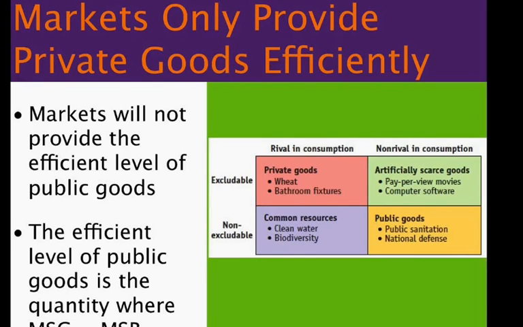What about artificially scarce goods like pay-per-view college football games or movies offered for purchase by DirecTV, right? So these goods are excludable but non-rival. The marginal cost of offering the football game to the next consumer is effectively zero. So the efficient quantity in the market would be where the marginal benefit to the next consumer falls to zero.